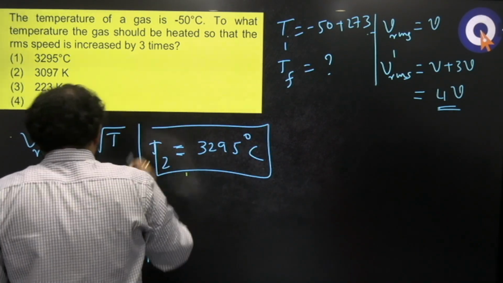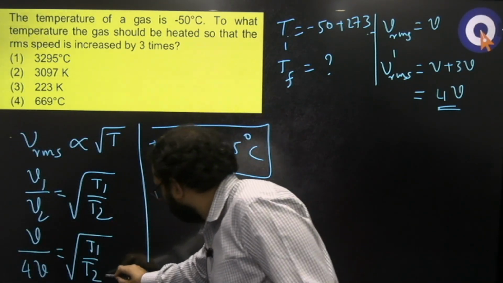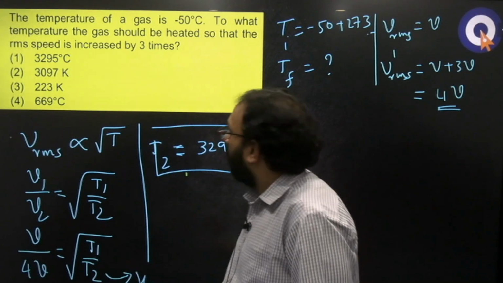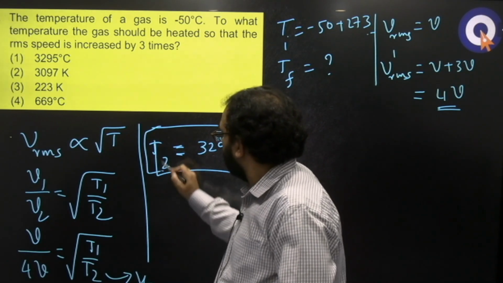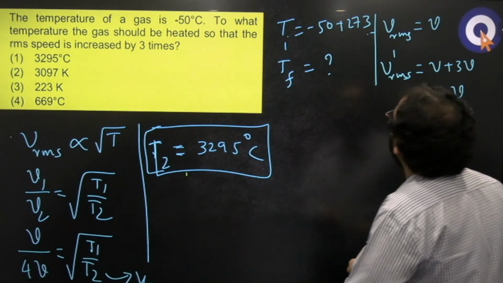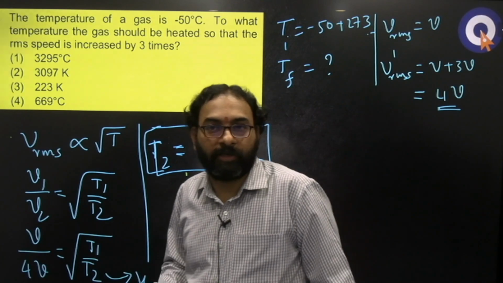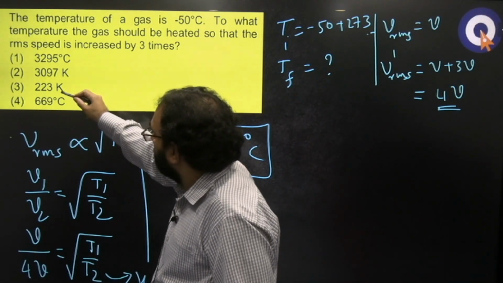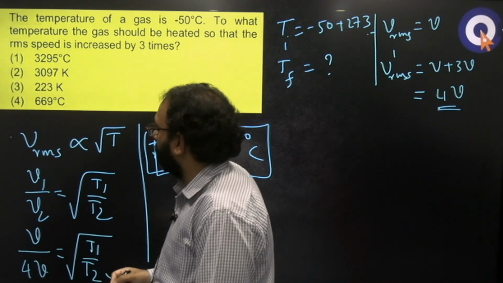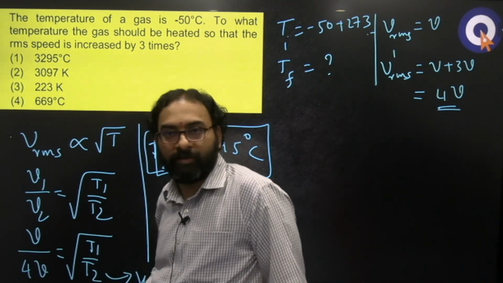But all of you here, first T2 you will be getting in Kelvin. After getting it in Kelvin, you subtract 273. Why? Because see here, the second, third options are given in Kelvin. First and fourth options are in Celsius.